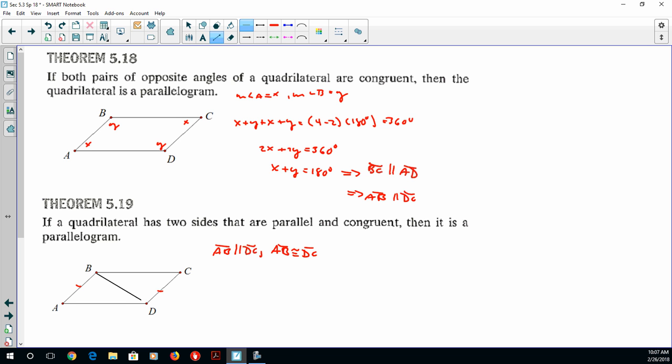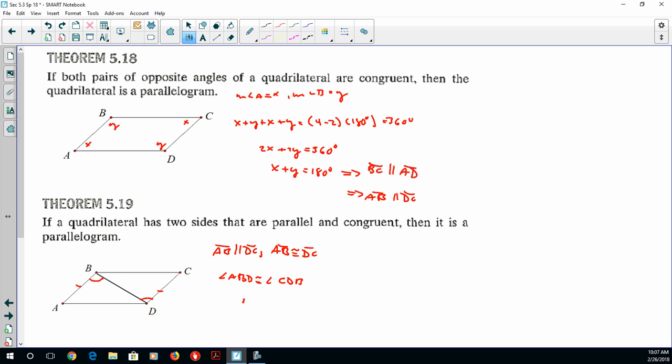Now, because AB and DC are parallel, I know that this angle and this angle, because they're alternate interior angles, are congruent. So angle ABD is congruent to angle CDB. And of course, BD is congruent to itself.